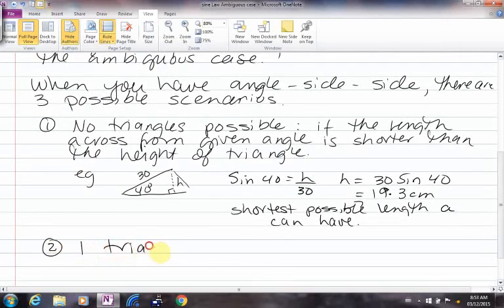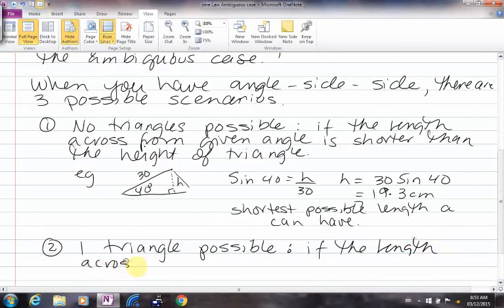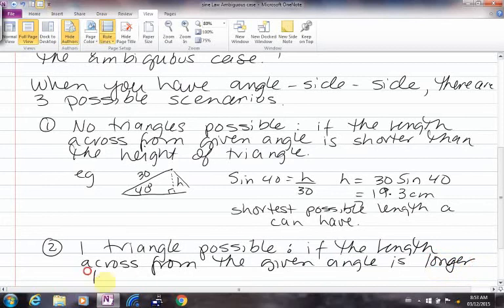So you can have one triangle. And that's if the length across from the given angle is longer than the other given length.